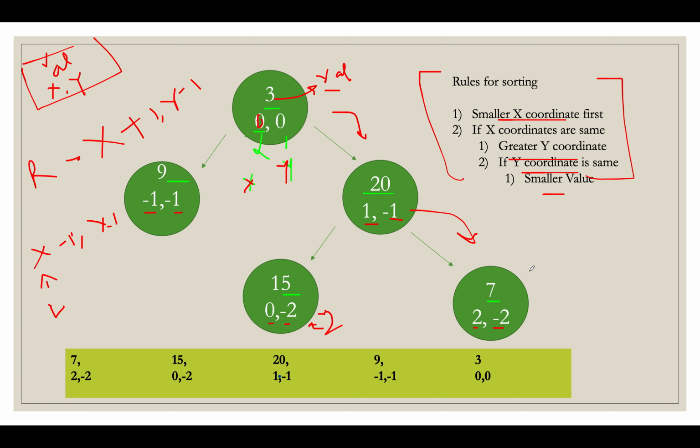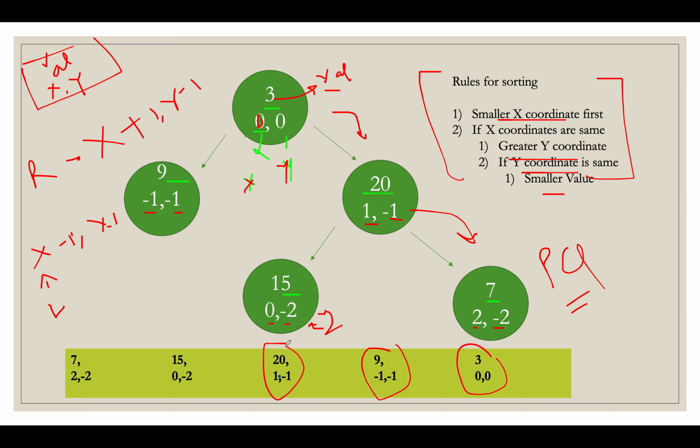What we will do, we will define a priority queue, and we will do any typical traversal: DFS, BFS, pre-order, in-order, any traversal, and push all the elements along with the information of their x coordinate, y coordinate, and value into the priority queue.